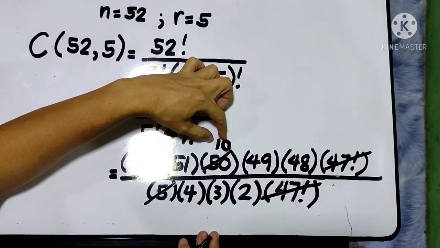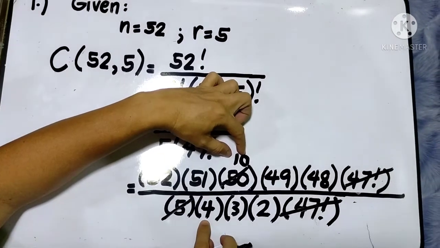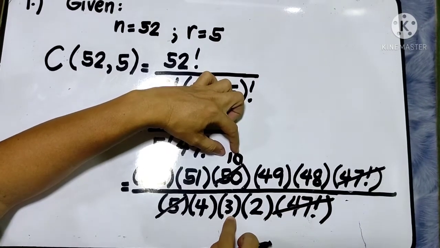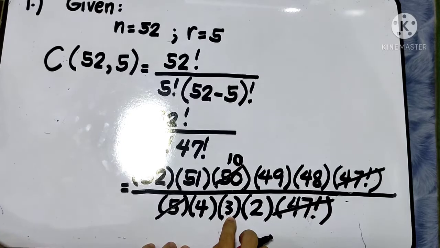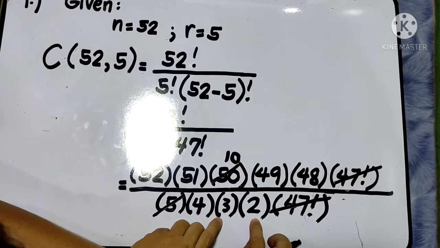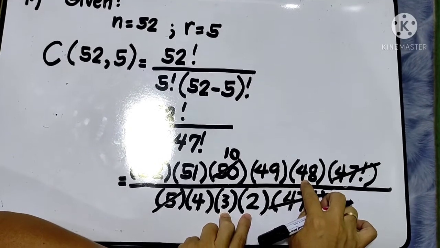Next, you will have 4 and 48. You can have that, or 48 and 3. It's up to you. You can also have 3 times 2, which is 6. 48 divided by 6 is 8.